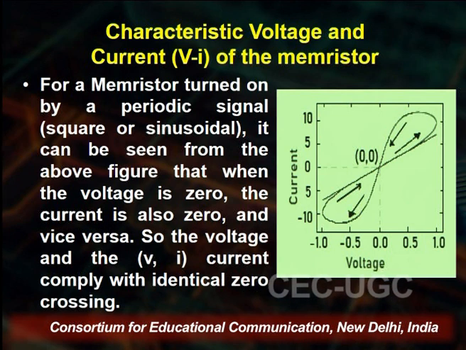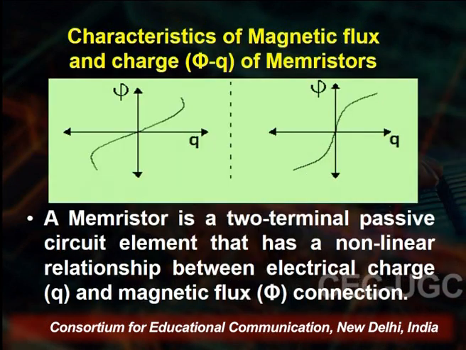You see here on the screen that between current and voltage there is a loop, and both loops are connected at the point 0, 0. When the current is 0, the voltage is 0. So, the voltage and current comply with the identical zero crossing.